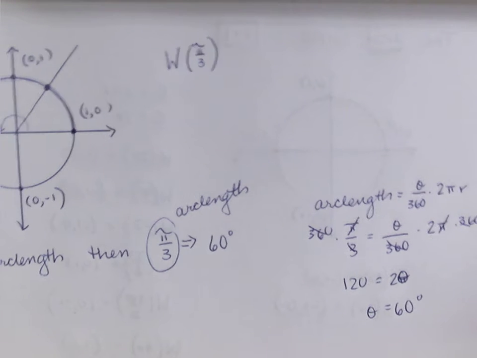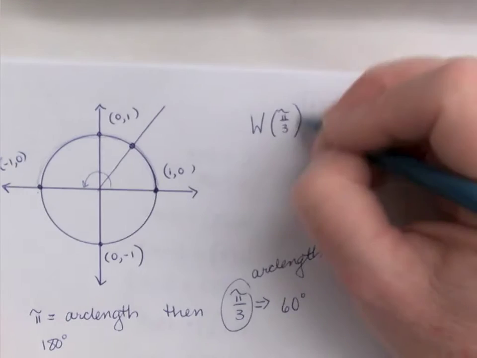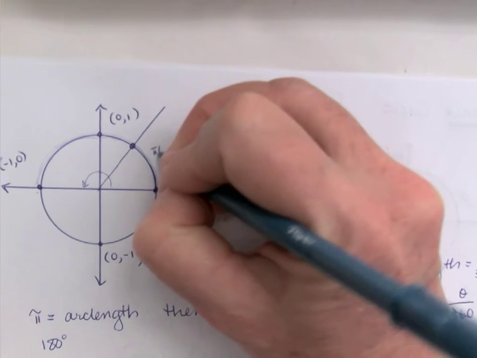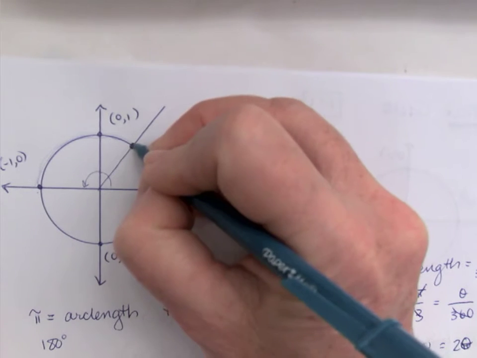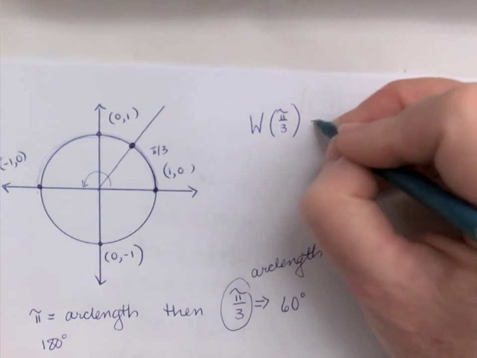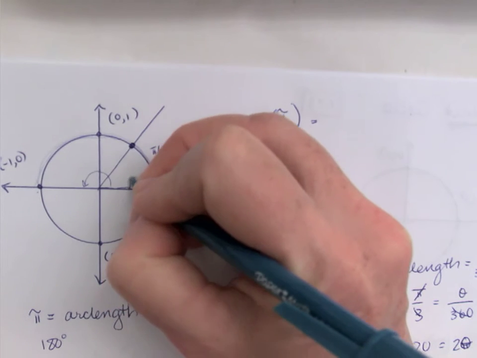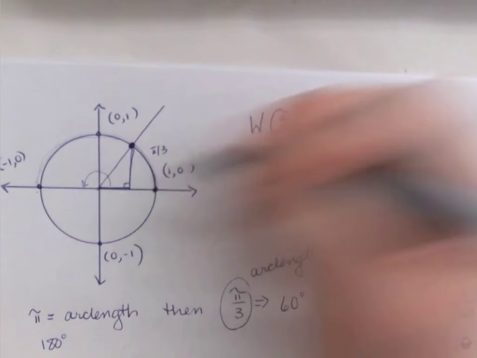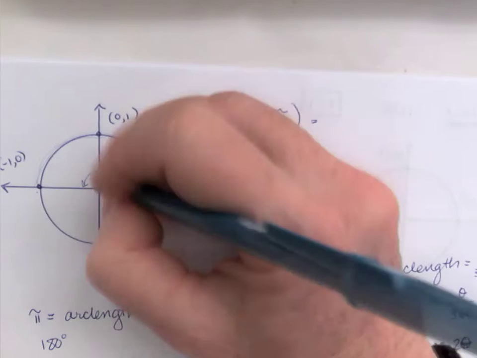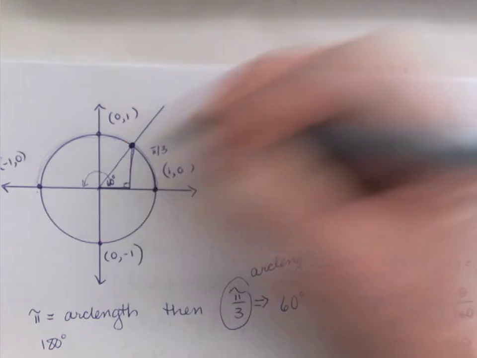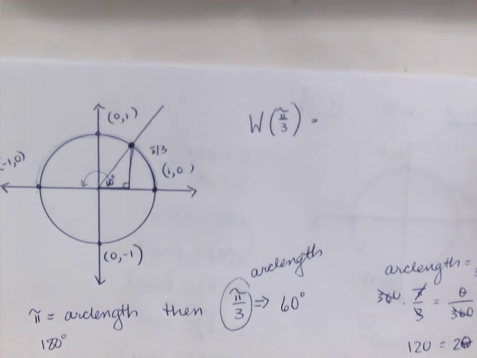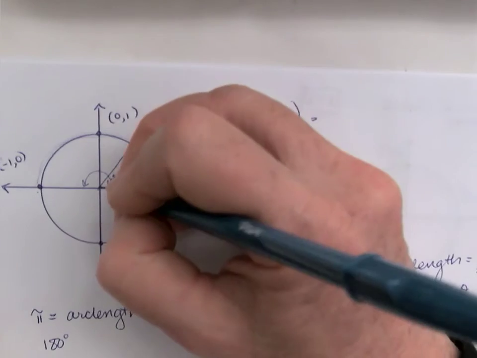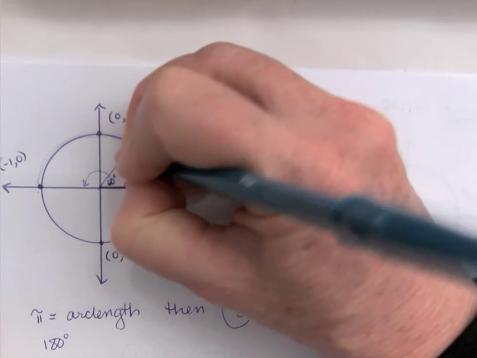Well, that's very convenient, because if I have pi over 3 radians, and I'm looking for the coordinates of this point, I need to go over and I need to go up. So every time I plot a point, I go over and I go up and I carve out a right angle. And what I know is that this, which we're going to call a central angle, if you remember your geometry, is 60 degrees. And if this is 60 degrees, then this is 30 degrees.